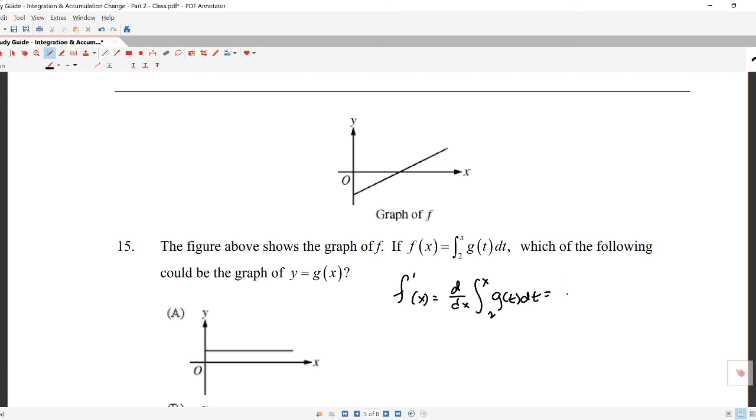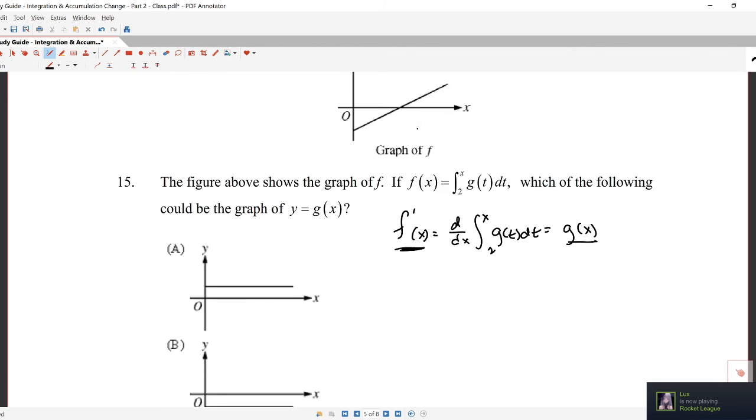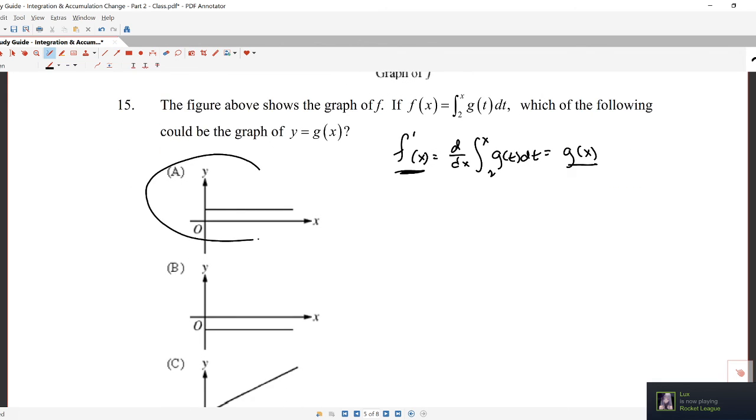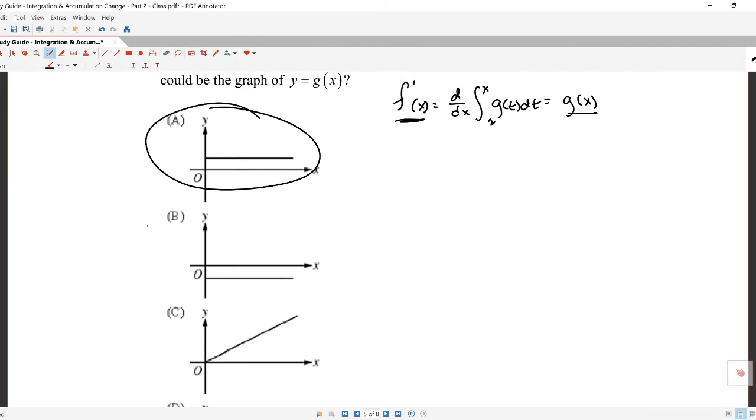Fundamental theorem of calculus, part 2, we get that's just g of x. So if you want the graph of g, all we need to do is graph the derivative. Well, derivative is slope. So since this is linear, the slope is going to be constant and it's positive. So we get the only positive constant function.